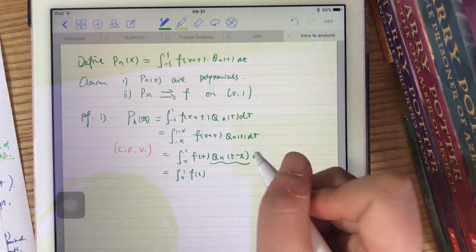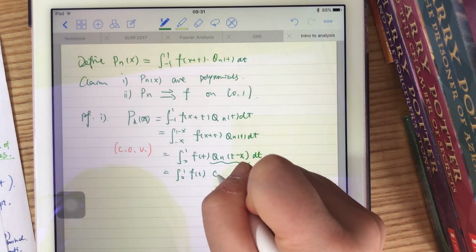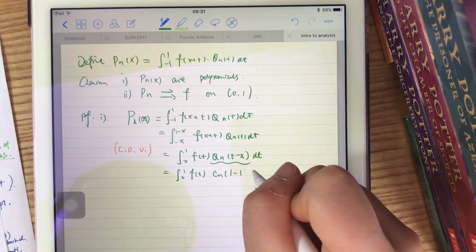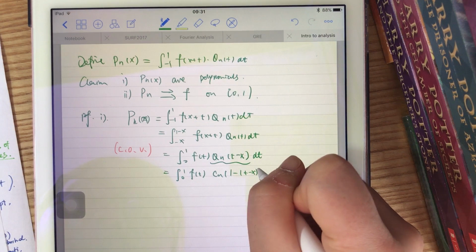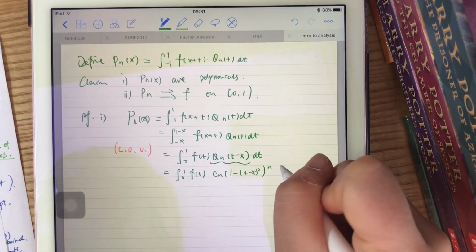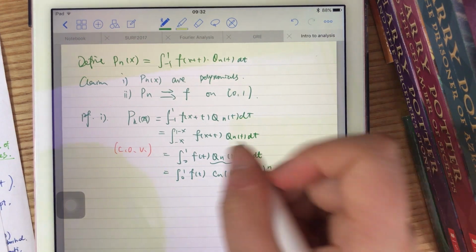Well, Qn, as we defined, is equal to Cn times (1 minus (t minus x) squared) to the power of n dt, right?